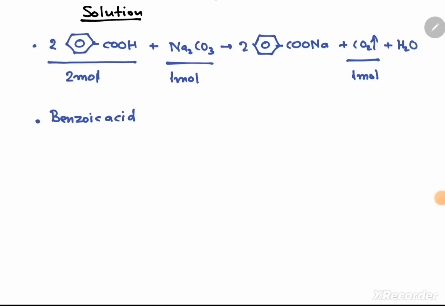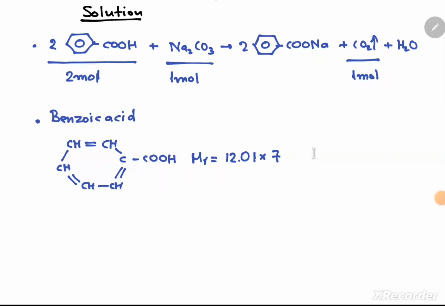We find first Mr, but we have to analyze the benzene ring to calculate Mr. So Mr is equal to Ar of carbon times 7, the number of carbon atoms, Ar of oxygen times 2, and Ar of hydrogen times 6.